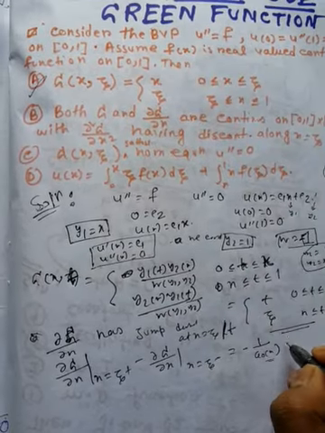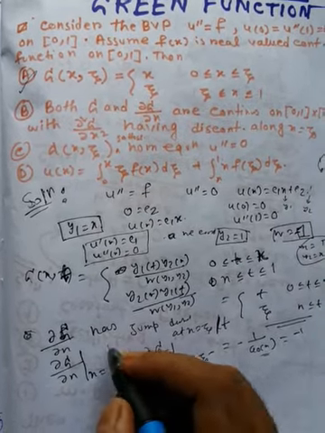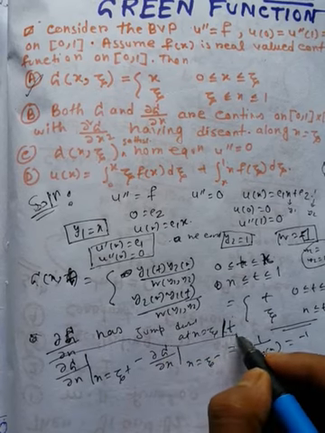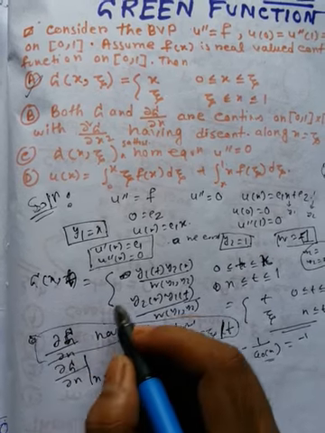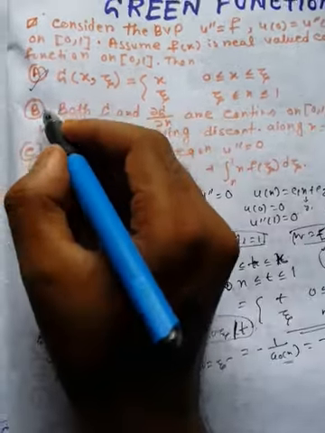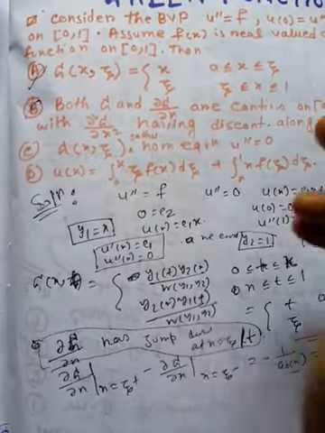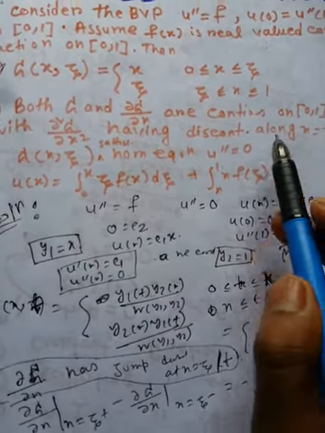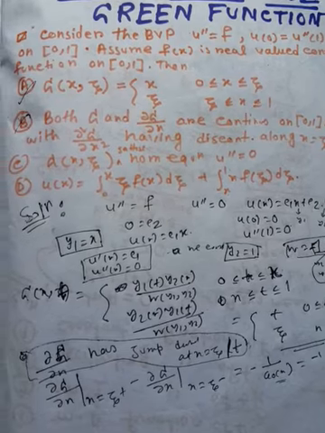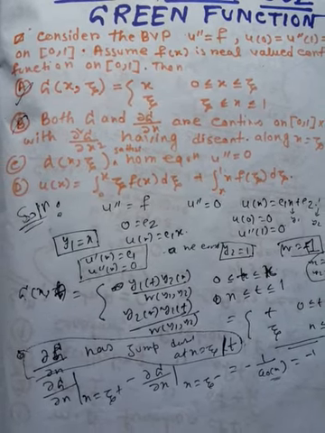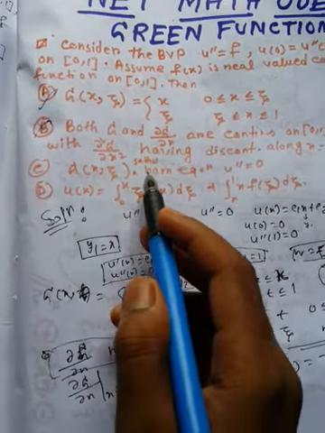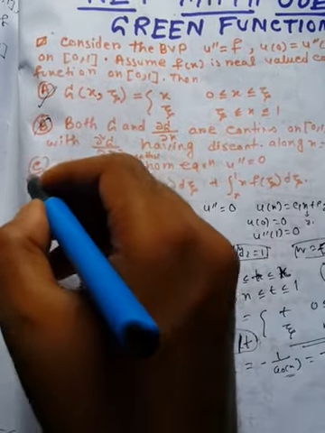This is 1, so minus 1. So del G del x has a jump discontinuity at x equal to xi. So option B is wrong, because it says del G del x is continuous, but it has a jump discontinuity at x equal to xi.